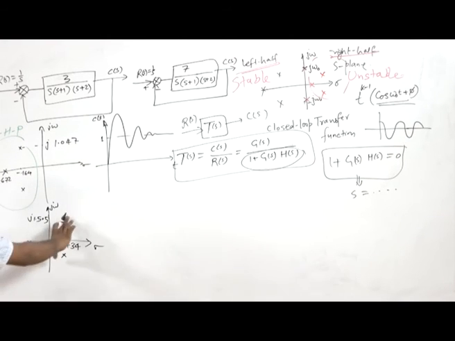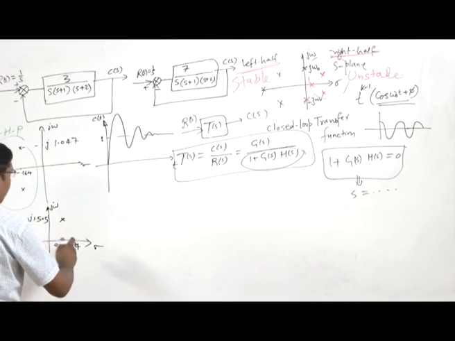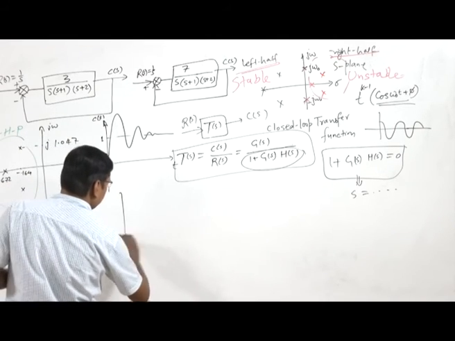So we can see that these complex poles, there are 2 poles on the right hand side, or right half plane. So therefore we could expect that the system should be unstable.